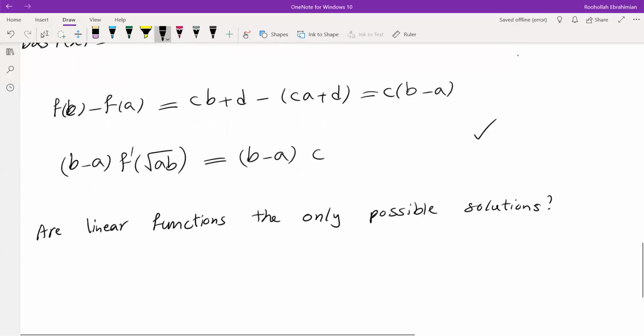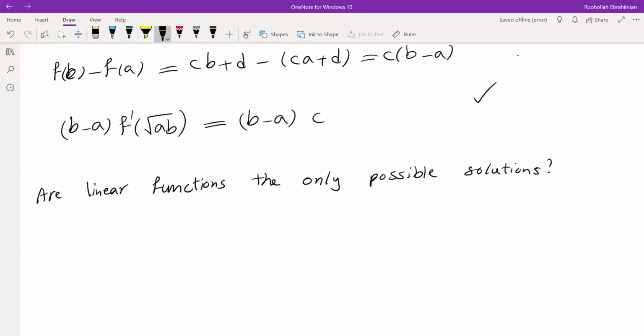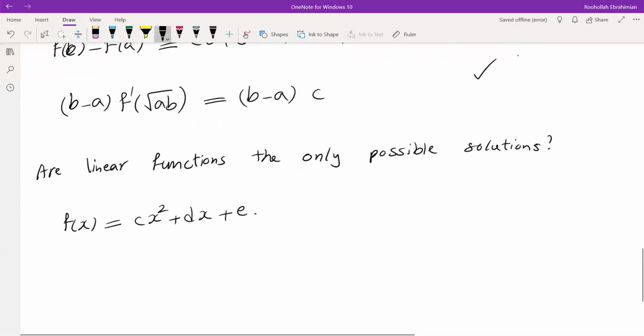Well, it's not quite clear whether they are or not, but what I did at this point was I took f(x) equals cx squared plus dx plus e, and then I substituted that into the differential equation that I'm given. I'm not going to go through the process of that. And then I ended up, well, I can't actually figure out any quadratic. It doesn't look like quadratics work. So maybe the answer is all of the linear functions.